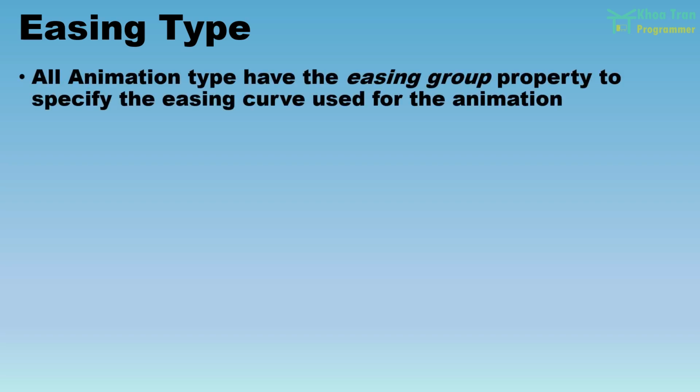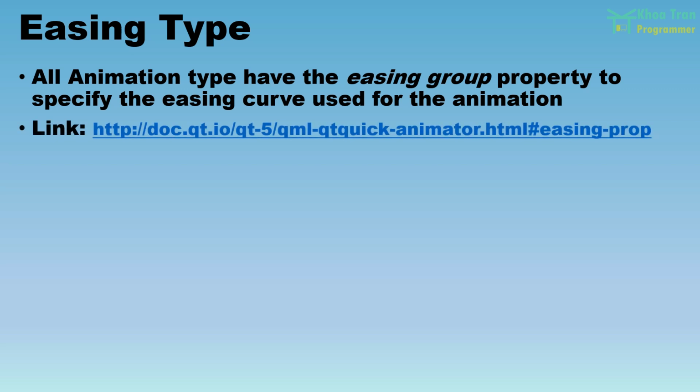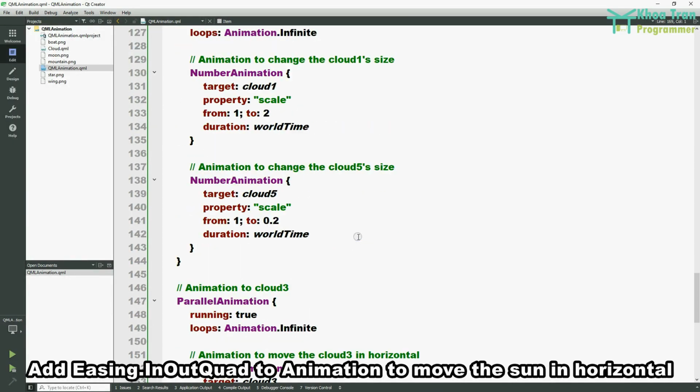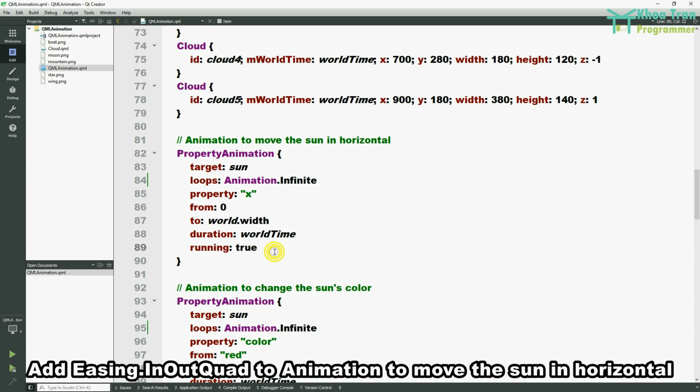Easing type. All animation types have the easing group property to specify the easing curve used for the animation. We will try to apply the easing type for the sun and some clouds. Add easing InOutQuad to the animation to move the sun in horizontal.